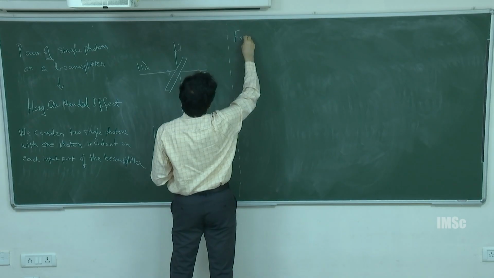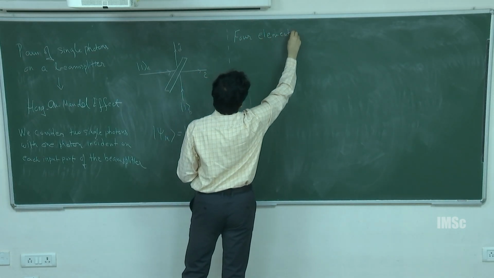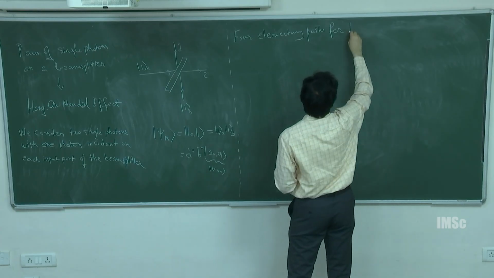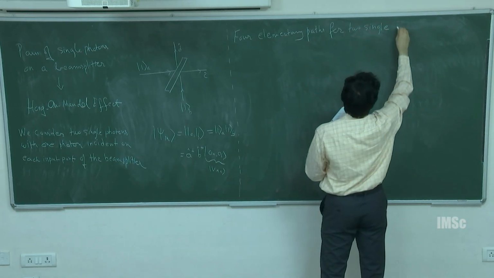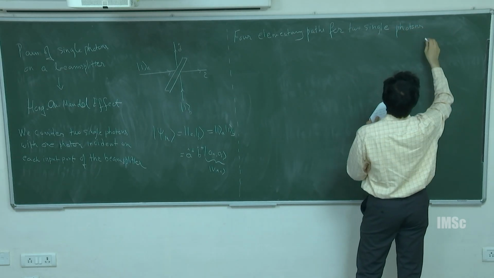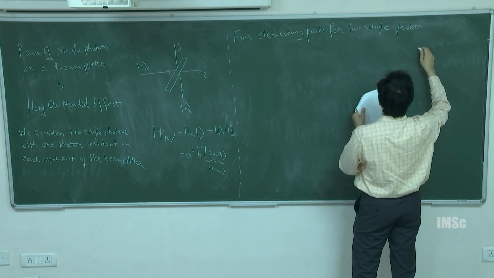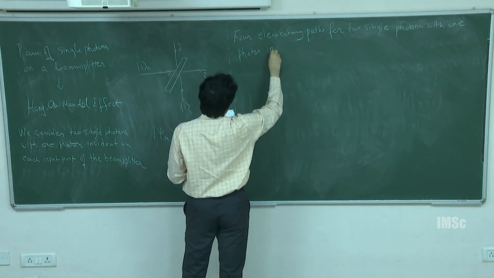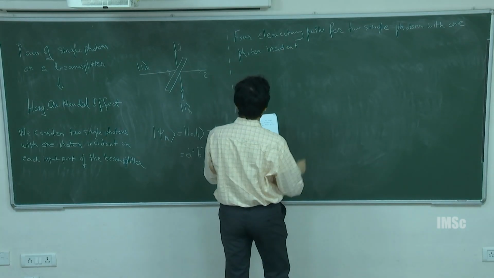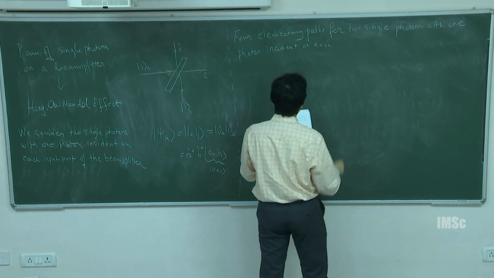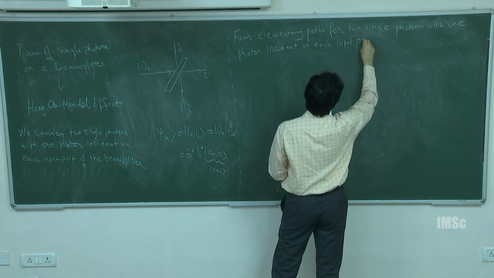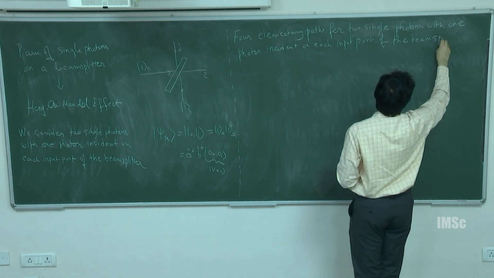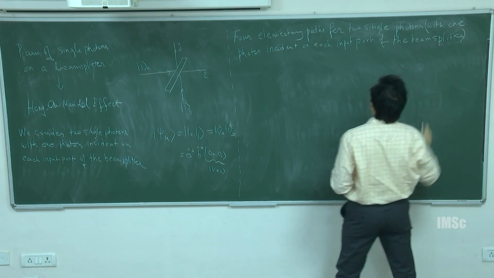So 4 elementary paths for two single photons, one on each input port of the beam splitter, are possible.